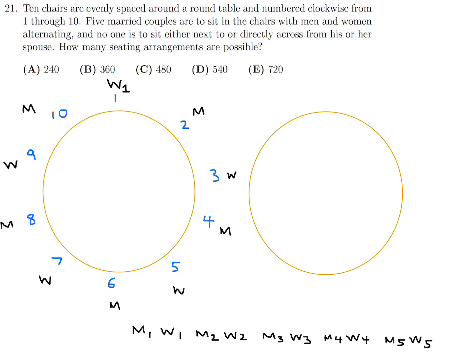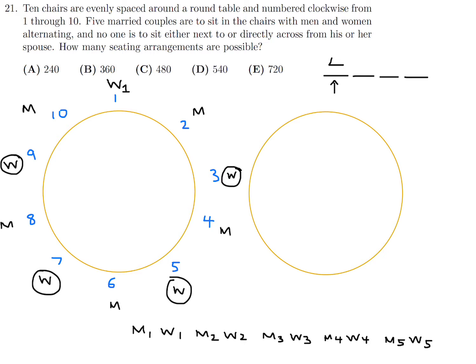Now let's just look at the women first. The remaining 4 women have to be chosen in a certain way. If I were to draw out their combinations, for the first slot I've got 4 different choices, correct? Either it's going to be W2, W3, W4, or W5.